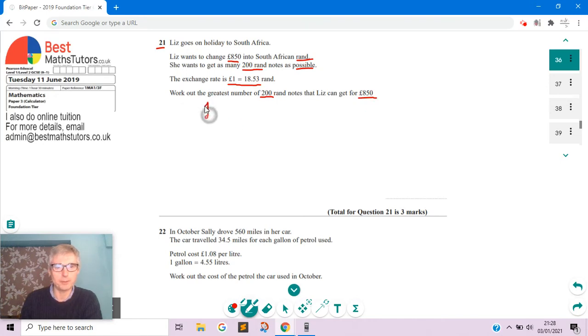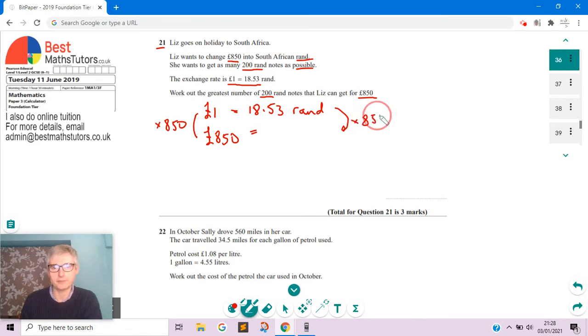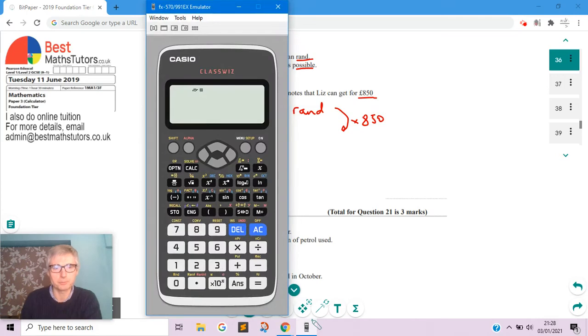So we've got that £1 is equal to 18.53 Rand. And since we've got £850, to go from £1 up to 850, we'd have to multiply by 850. So the number of Rand that we would get would be 850 times 18.53. I'll just get the calculator up.